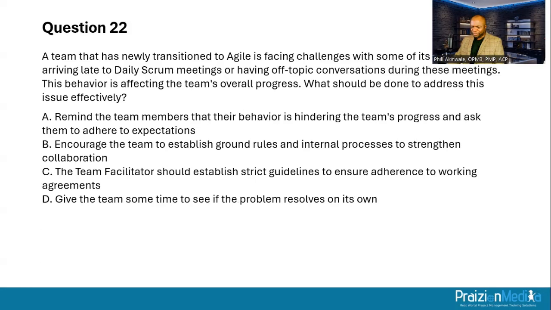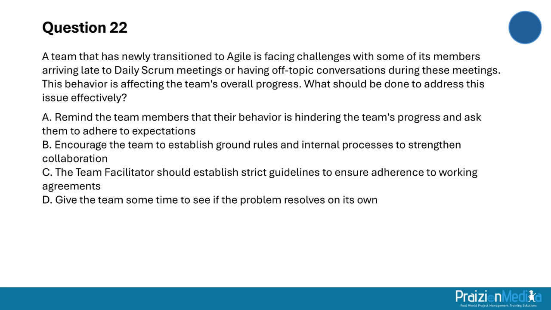Going over to question 22. A team that has newly transitioned to Agile is facing challenges, with some of its members arriving late to daily Scrum meetings or having off-topic conversations during these meetings. This behavior is affecting the team's overall progress. What should be done to address this issue effectively?